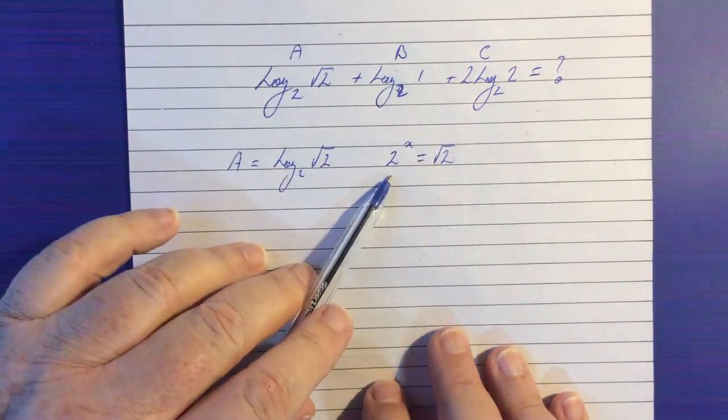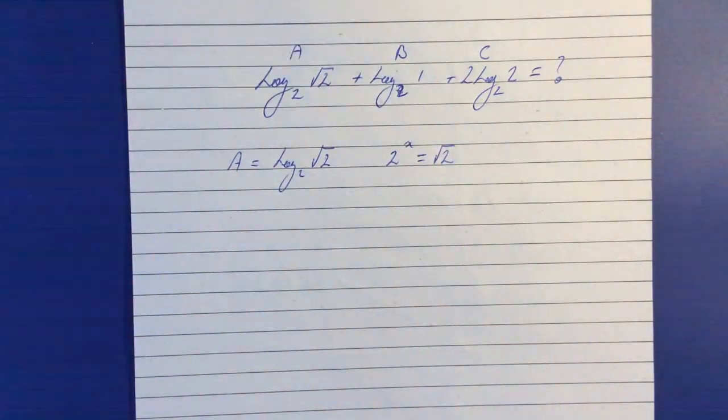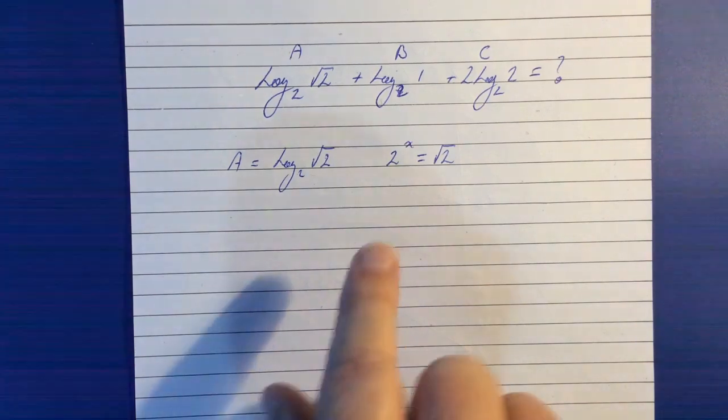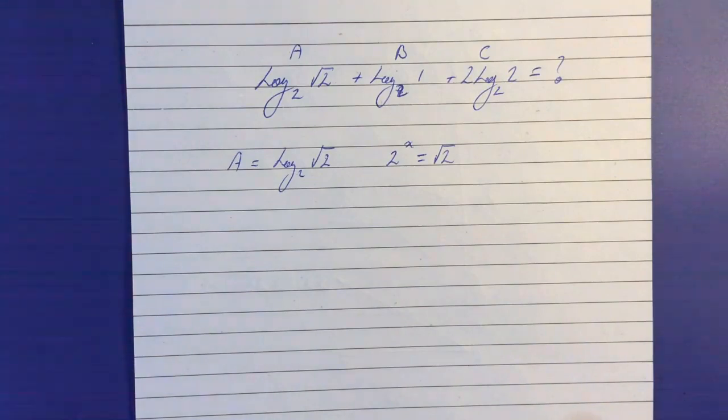Now, in this form, I think it's easier to see, and you can apply your index laws. Rewriting logarithms as indices is very, very helpful if and when you can do it. So, how do we get the square root of 2 from this? Well, index laws say that we should consider fractional indices, and this is our answer.